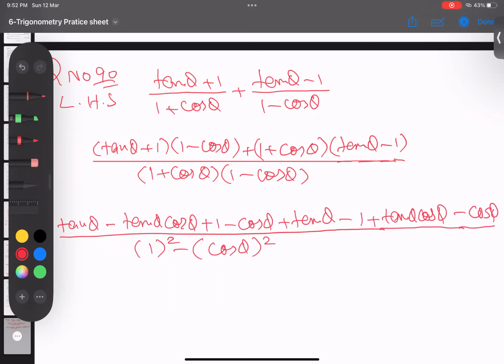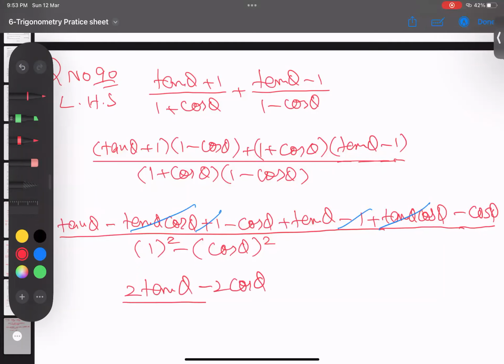Now I can see the cancellation process. This part is fully matched, so they will cancel out, and this minus and this plus you can cancel as well, alhamdulillah. After this, tan plus tan gives 2 tan theta, and minus cos gives minus 2 cos theta.